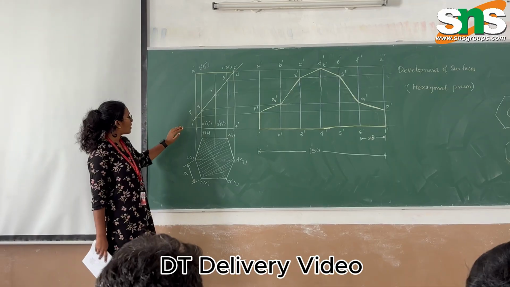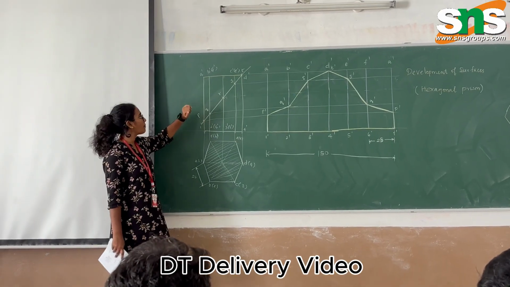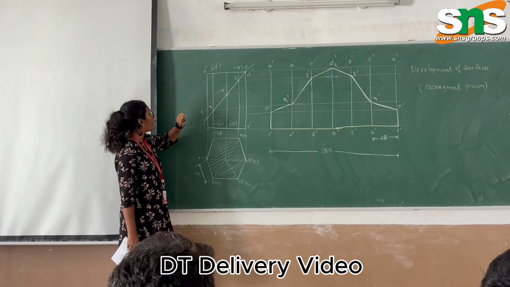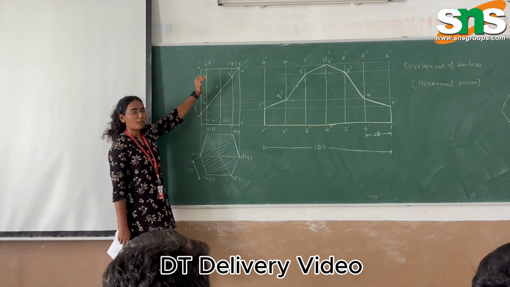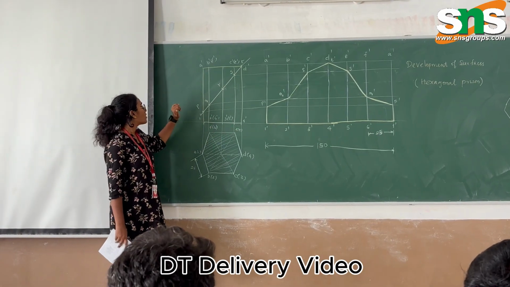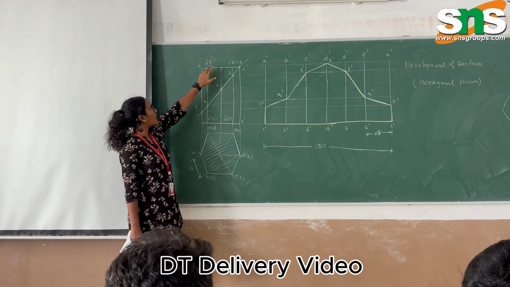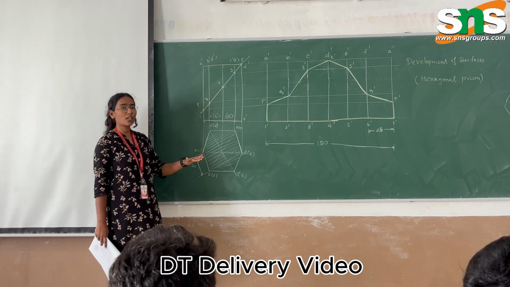We pull it up 50 mm and then name it: at the top we give alphabets, and at the base we give numerals.